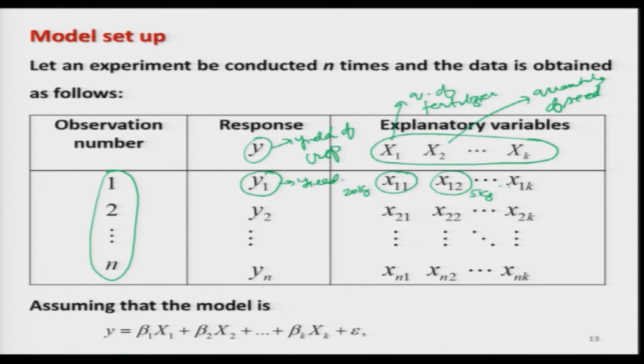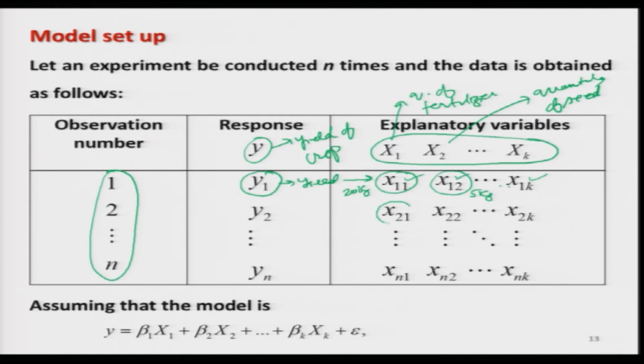This yield y1 is obtained using the values of x1, x2, xk as x11, x12, x1k. Similarly, you take another choice for x1, x2, xk.